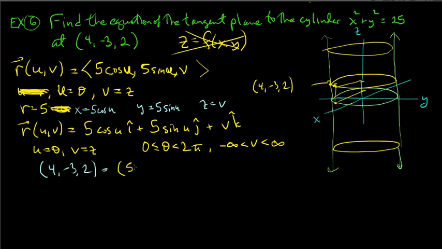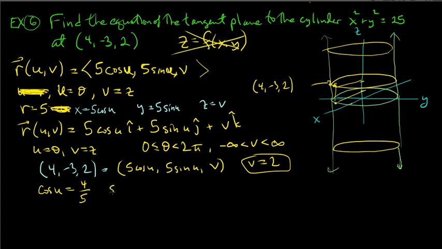So if that's 5 cosine u and 5 sine of u and v, well, we know that v is 2, right? Because that's z. And we know cosine of u is 4 over 5. And we know that the sine of u is negative 3 over 5.